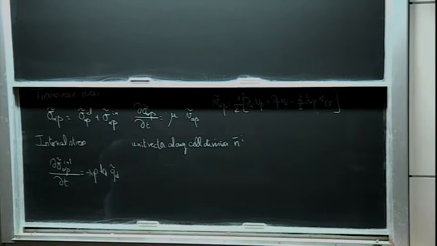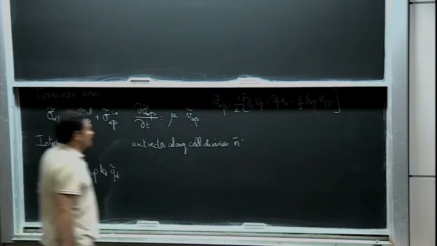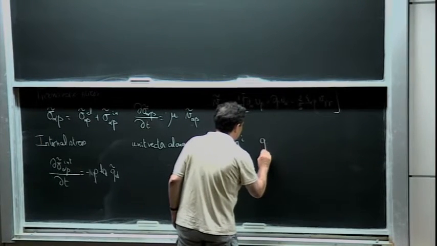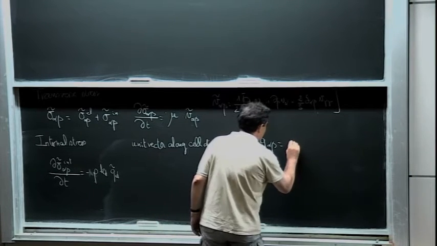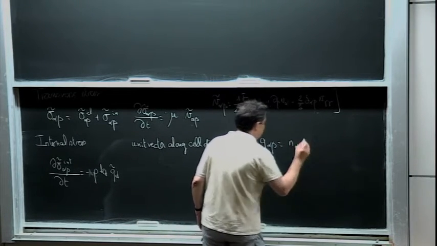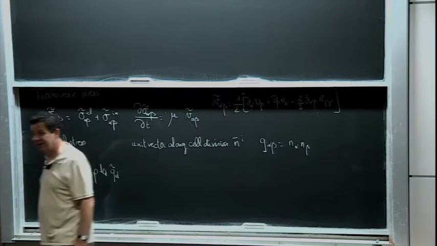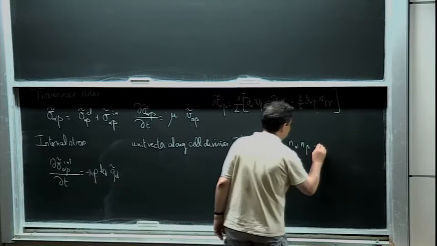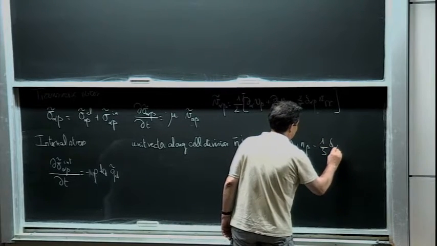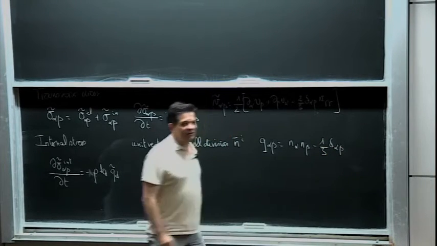Now, if I have a vector, there is only one way to make a traceless tensor. I define a tensor that I call the orientational tensor, Q alpha beta, which is N alpha N beta. That's a tensor. It's not traceless, so I have to subtract the trace, which is minus 1/3 delta alpha beta.